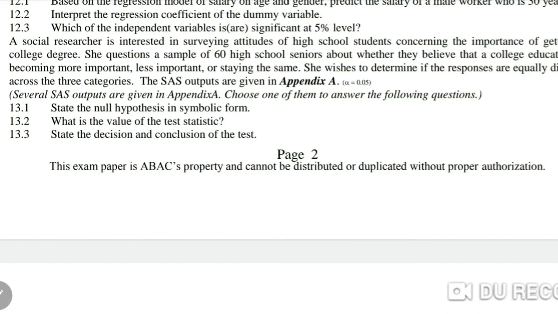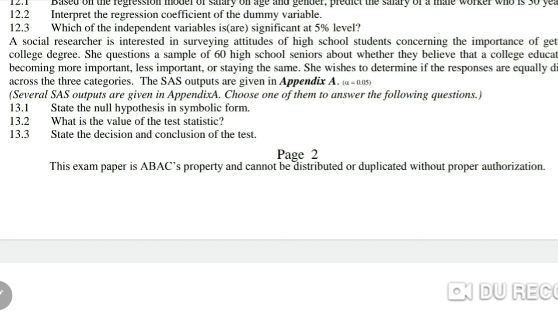She questioned a sample of 60 high school seniors about whether they believe that a college education is becoming more important than before, less important, or staying the same. 3 choices. So that means each high school senior has to answer this question, and there are 3 choices.